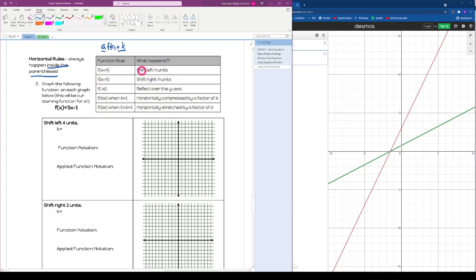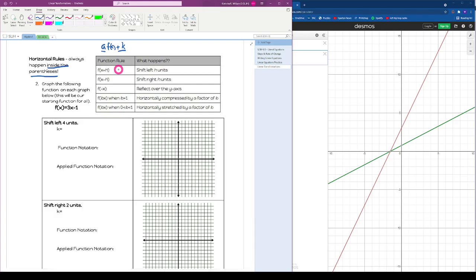So we can shift or translate the function left or right. Now the really weird thing here is it's the opposite of what your brain might think. We had a vertical shift with a plus k and it went up. We had a vertical shift with a minus k and it went down. So plus is up, down is minus. That makes sense. With the x's though, it's kind of reversed because remember our function is in terms of y equals some amount of x's.